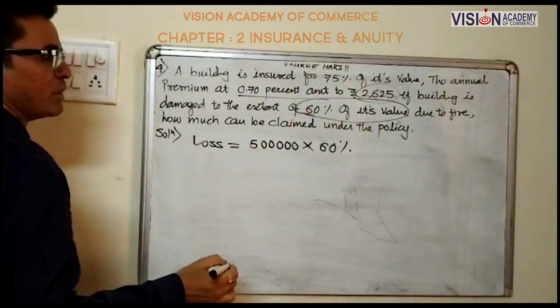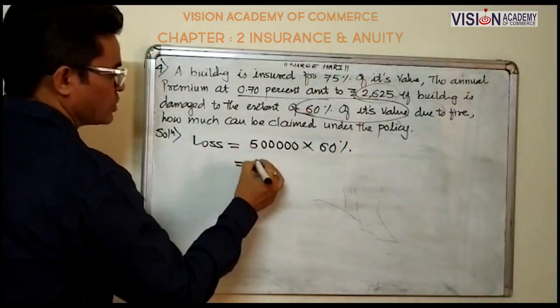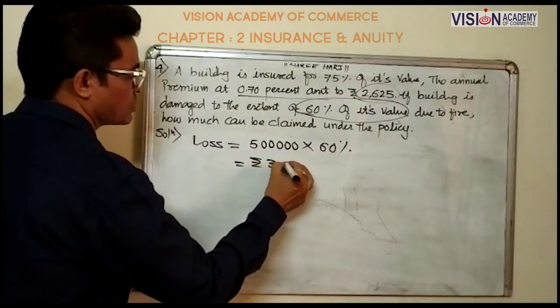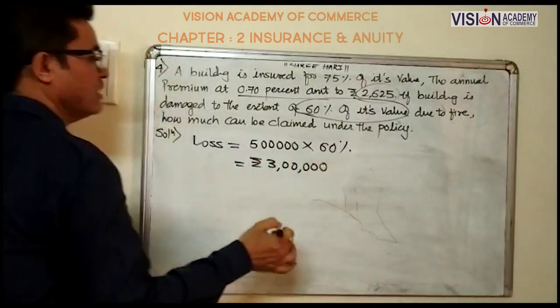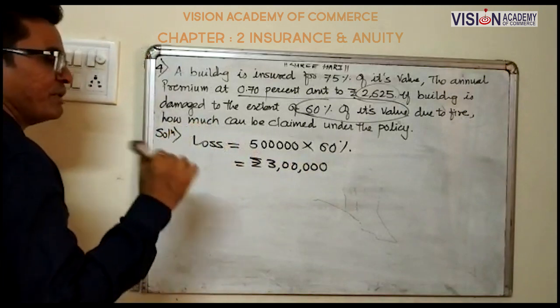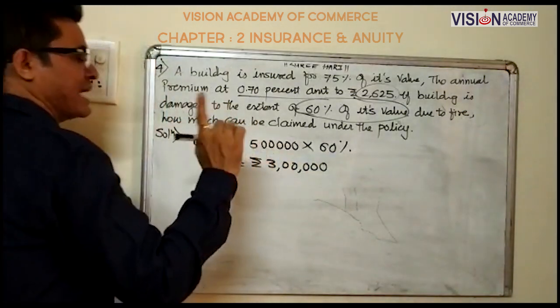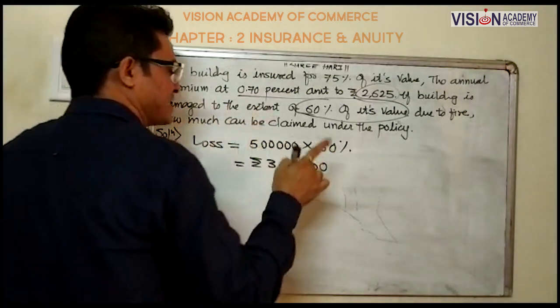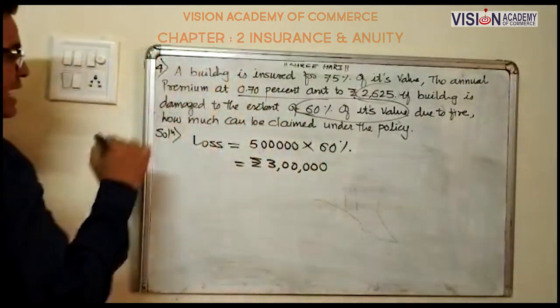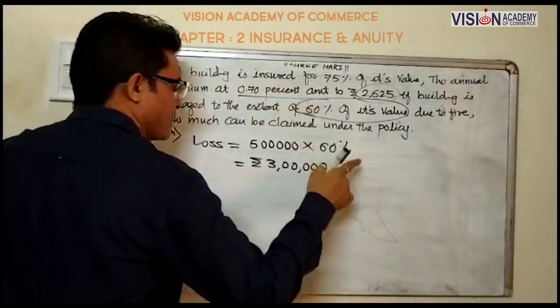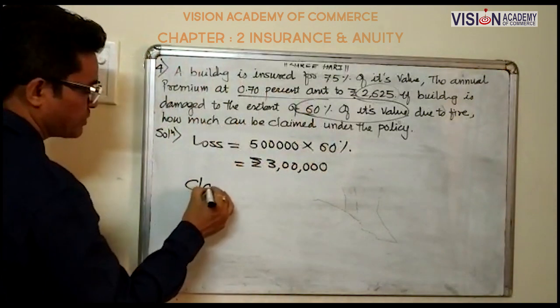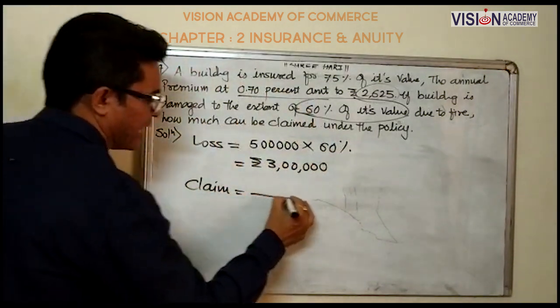So 60% of 5 lakhs comes to rupees 3 lakhs. So in this calculation we have property value 5 lakhs, policy value 3 lakhs 75,000, and the loss of 60% is 3 lakhs. So as per the question we require claim.